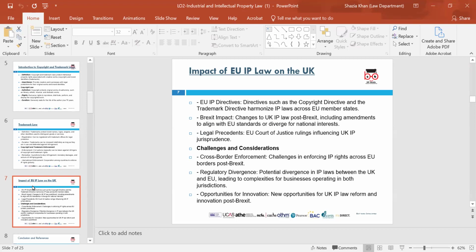So when we look at trademarks and designs, EU trademarks and registered community designs, RCDs, that were registered in the EU Intellectual Property Office before the end of the transition period were recognised as new comparable UK rights.